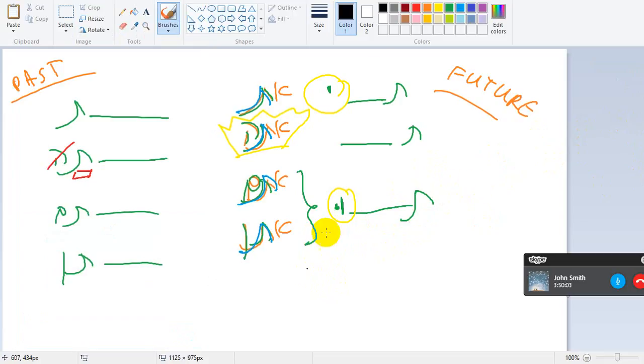Group number 2 and group number 6. Remember what was wrong with those? In present there was this shote. Shote will give us trouble.